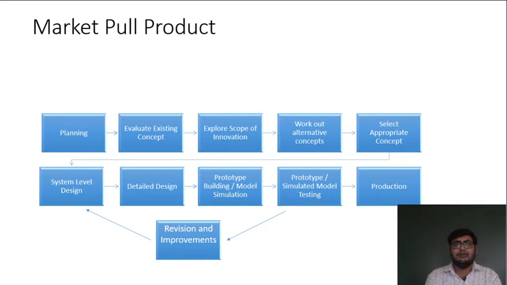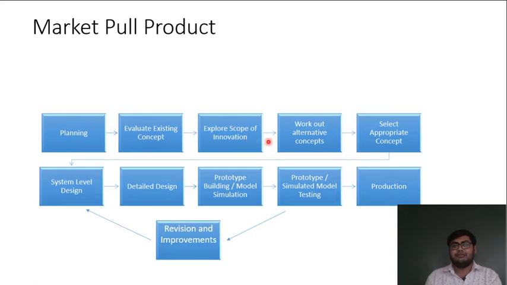So what we will do, we will evaluate existing concept. We will see how many designs are available for mobile phones, what they are doing. Then we will explore scope of innovation. We will try to find out how to improve this process. So first step is planning, then evaluating existing concept, then explore scope of innovation in this existing concept. What new can be done in this existing concept?